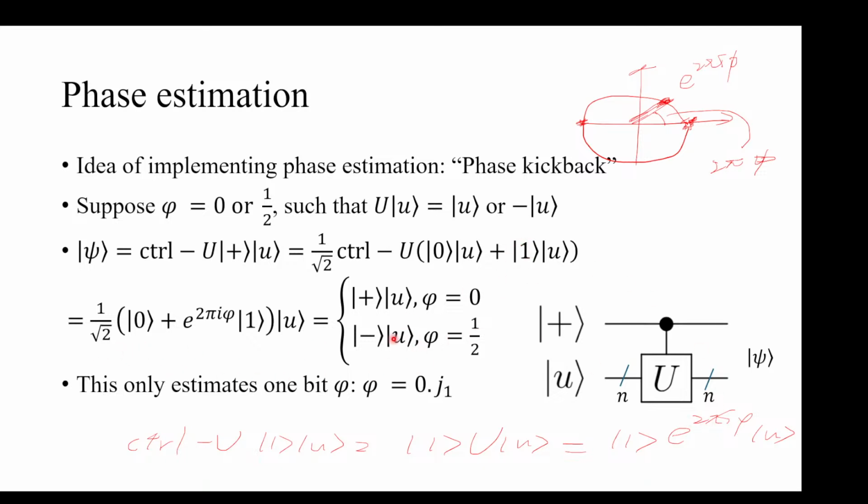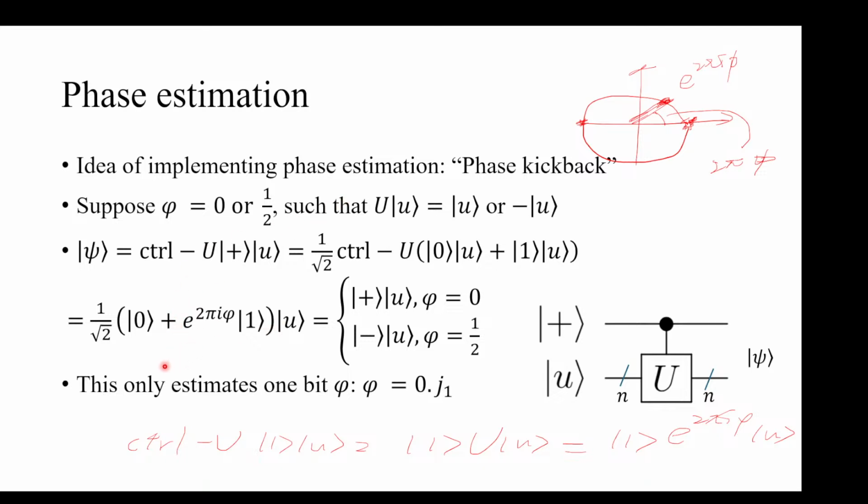So you see that this 1u becomes e to the 2 pi i phi 1u, and then you take out this u tensor product on both 0u and 1u, and you're left with 1 over square root 2 of 0 plus e to the 2 pi i phi 1, times u.